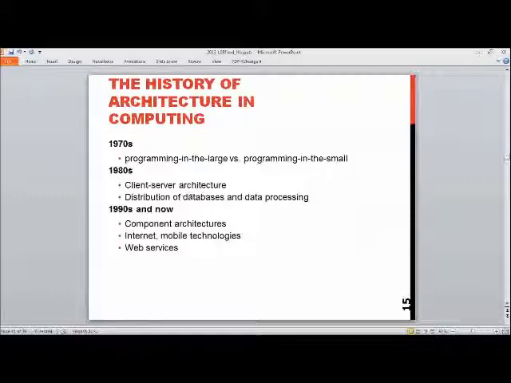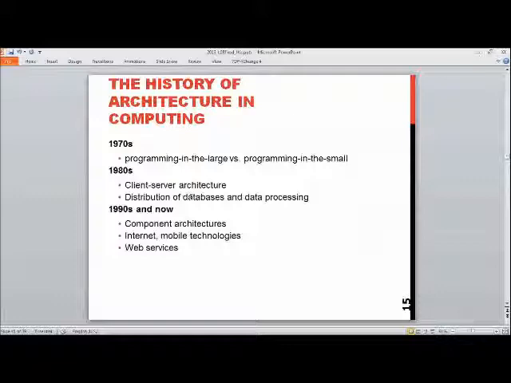Okay, so during the 80s, we came up with the client-server architecture. So basically, the idea that you don't actually need to have two similar systems so that you can exchange information between two parts.